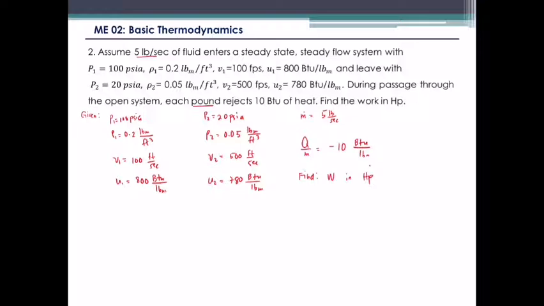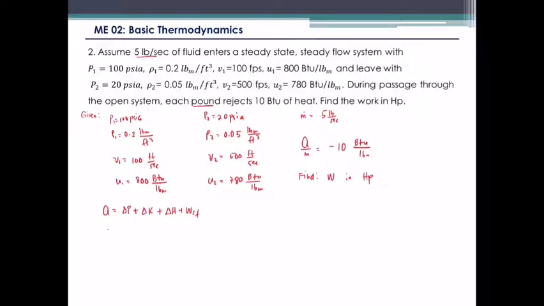Okay, this is a little long. Energy balance: since this is an open system, energy balance for an open system, we have heat is equal to delta P plus delta K plus delta H plus work, stable.